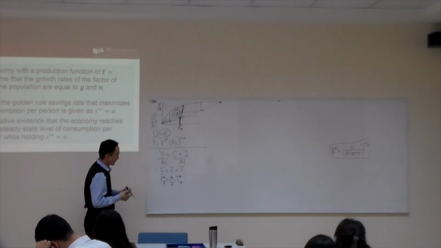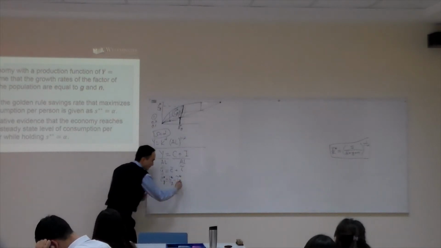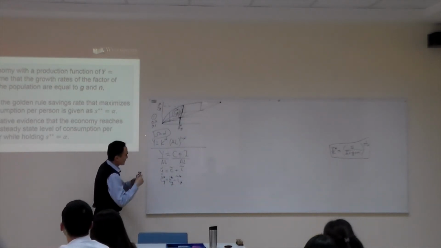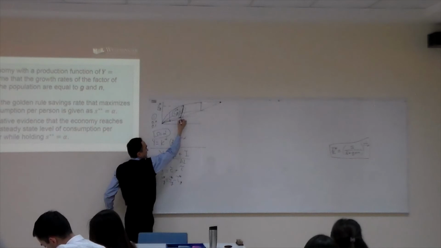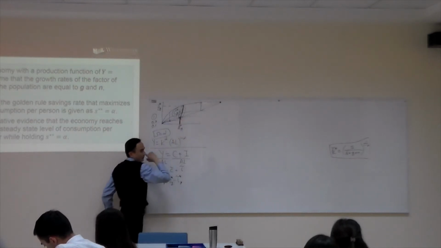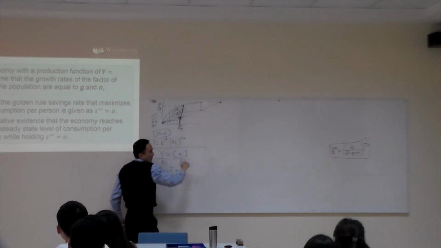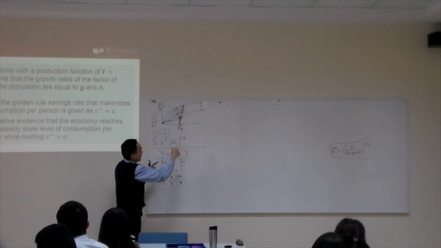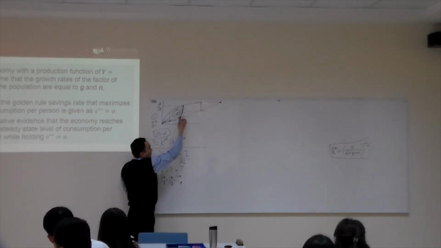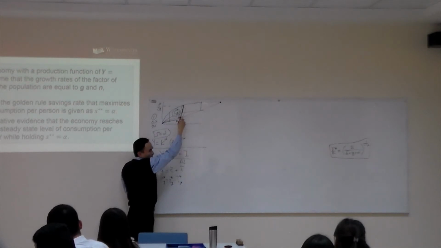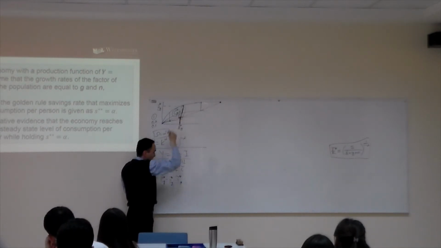Okay? So once the economy reaches the steady state level and golden level, right, the depreciation line and the investment line are going to cross, which is investment equal to depreciation, right?